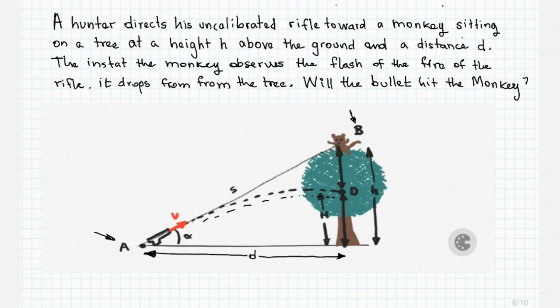So to start solving this problem, we want to write the vertical and horizontal components of the velocity at the beginning of the problem. So initially we will have Vx equal to V cosine of alpha, and we will have Vy equal to V sine of alpha.